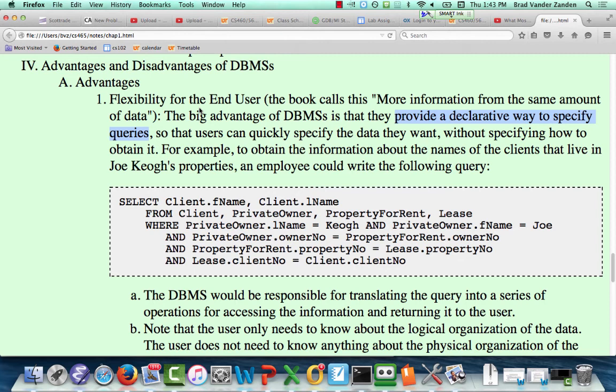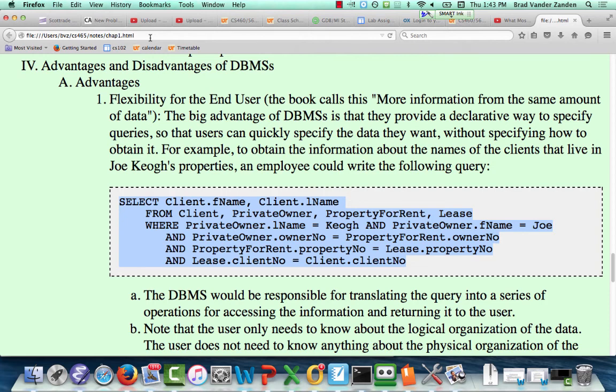Now, you may not think that this particular query looks particularly easy, and I won't claim that it is, but it very succinctly expresses a report that could take a lot of time to generate.